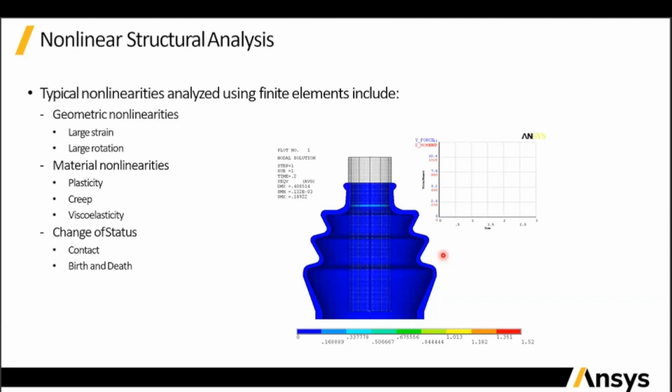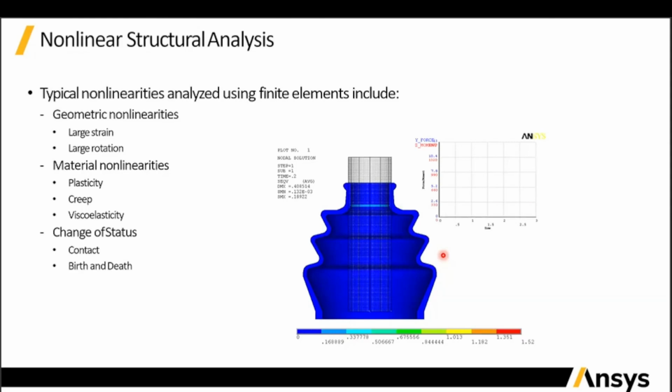So whenever there is an abrupt change in the geometric configuration of your structure, it is called geometric nonlinearity. What are the different causes of geometric nonlinearity? It may be a large strain or large rotation suddenly happening in your structure.